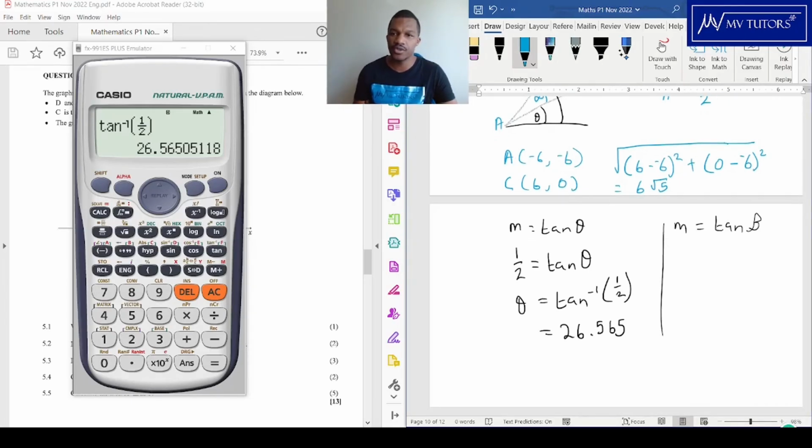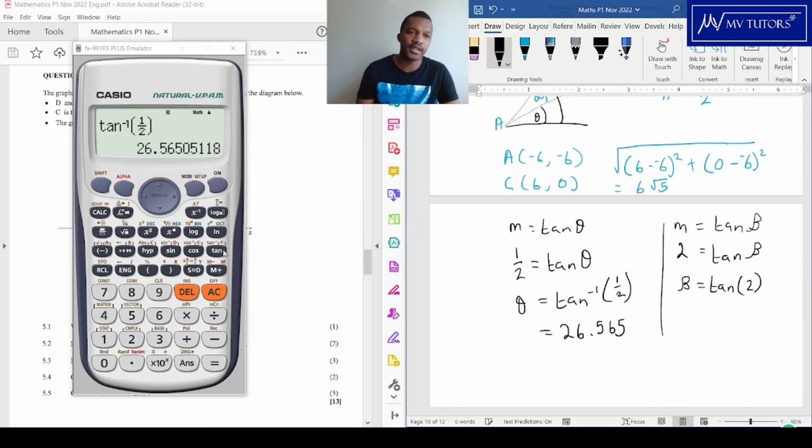So then we will put 2 on this side is equal to tan beta. Now to solve for beta, it's the arctan of 2. Let's put that in a calculator. Okay, so arctan 2, close the bracket. What do we get? We get that beta is equal to 63.435. I'm taking 3 just for control.